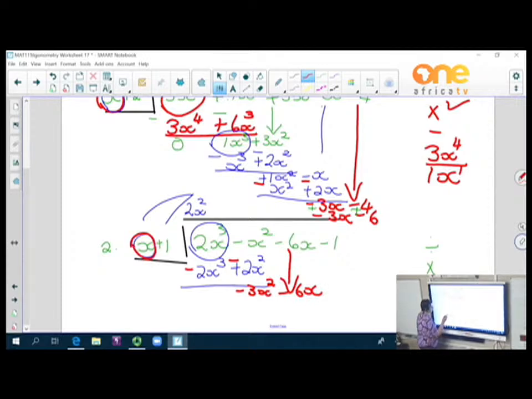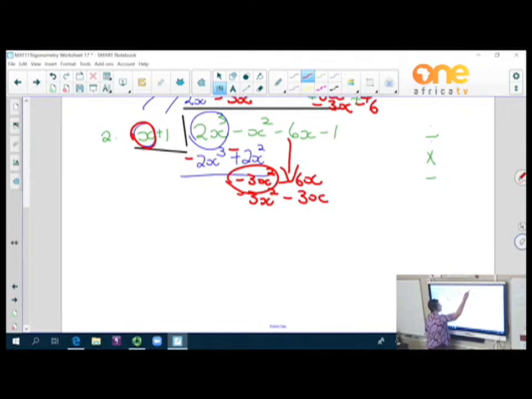So how many times will x now divide into this negative 3x squared? It will be negative 3x. Multiply, then you have negative 3x squared. Remember, you add your indices, and this is the negative 3x. Now we need to subtract, so we change the second signs. This one becomes a 0. Minus 6 plus 3 is negative 3x. And we bring down the negative 1.